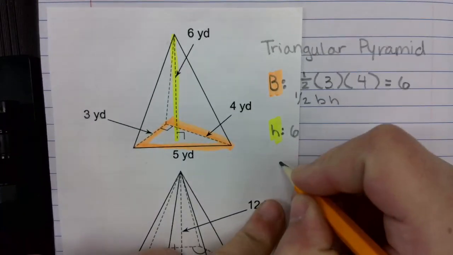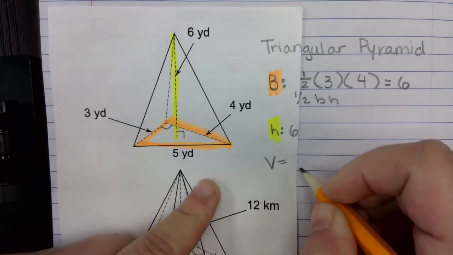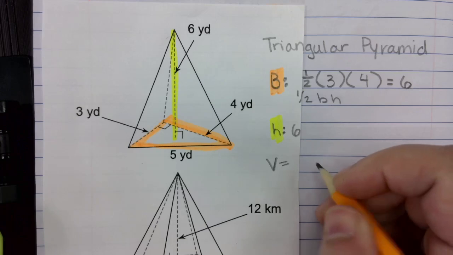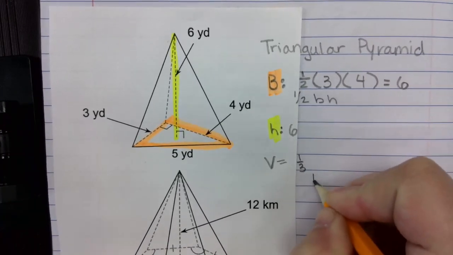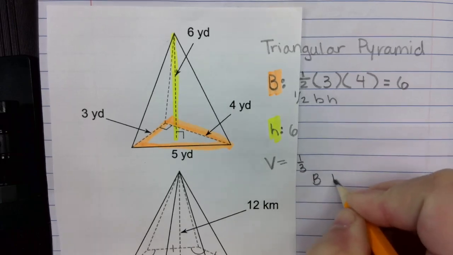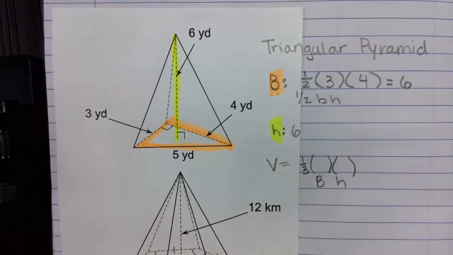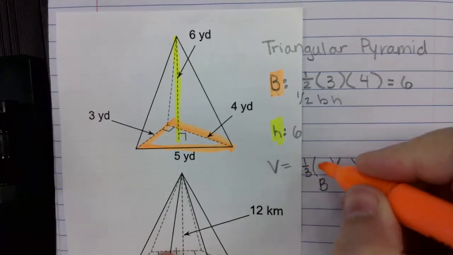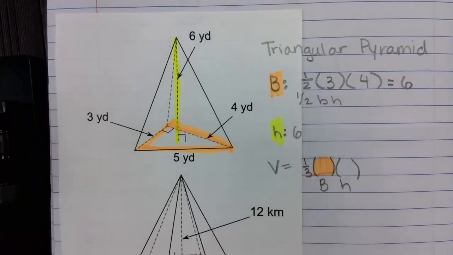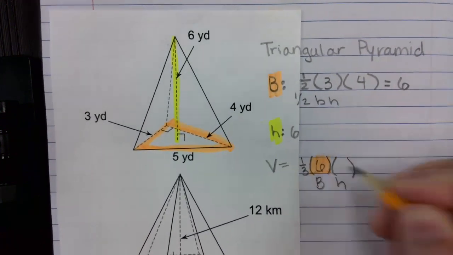So then we're ready just to plug it into our formula. V equals, and our formula was 1/3 area of our base times our height. And what is the area of our base? Six, and our height? 6.